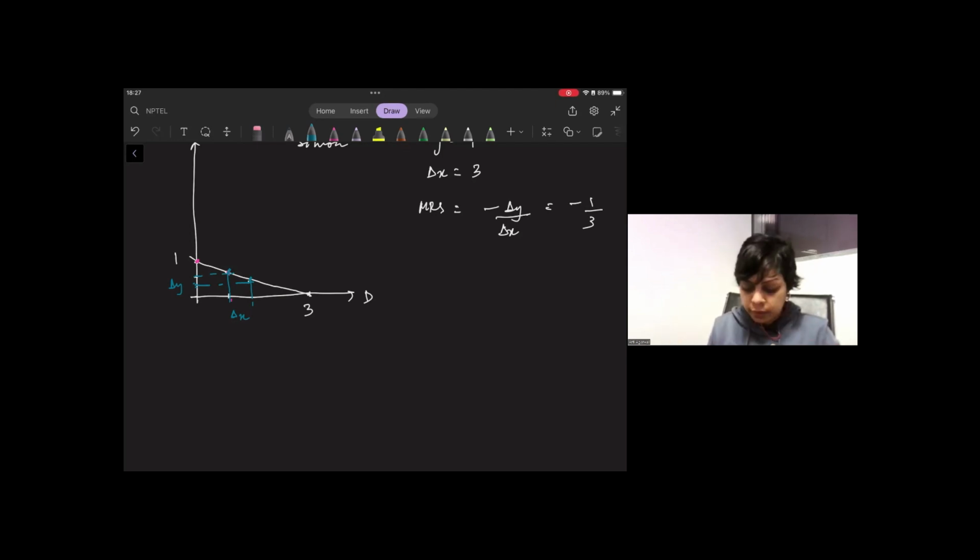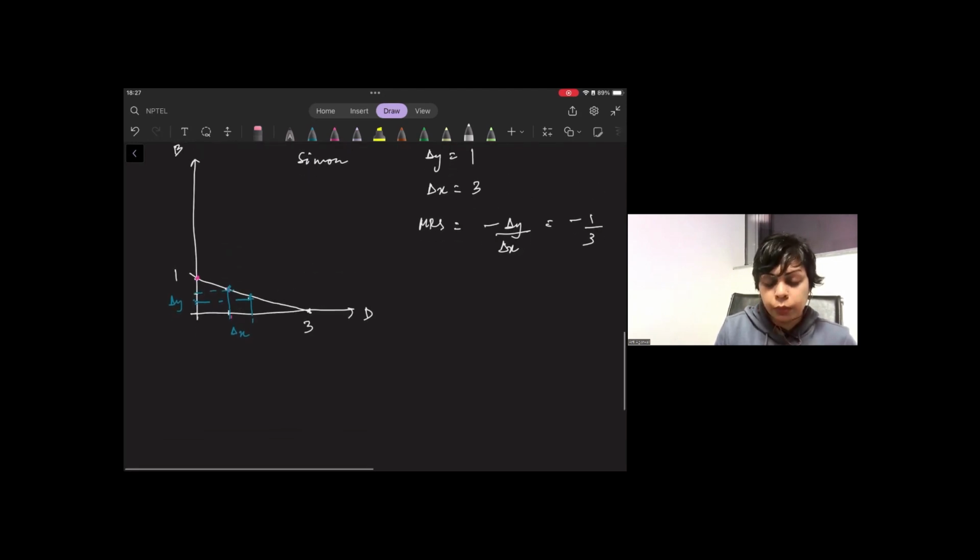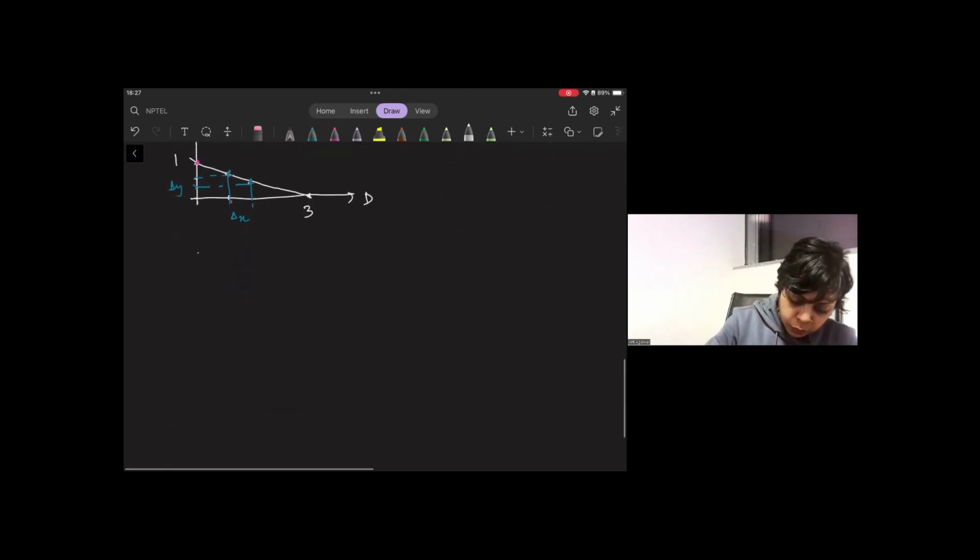You don't have to do anything else. I was putting numbers, but I realized my numbers were off because you have to follow the equation of the line while mentioning the numbers. So anyway, hopefully that part is clear. So Simon's MRS is what? -1/3. Now that leaves us with Rachel.